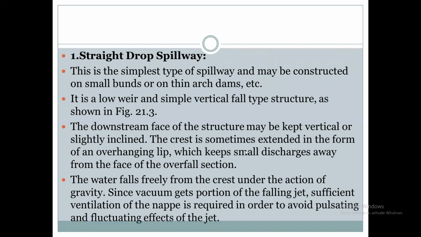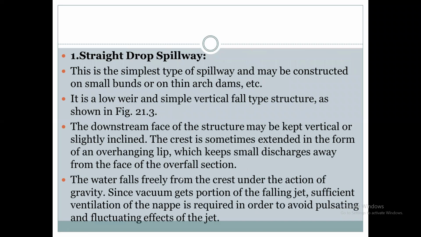This is a diagram of the straight drop spillway. Then the OG spillway or overflow spillway that you have seen. This is the OG spillway. Then the chute spillway or trough spillway. This is the chute spillway diagram. Then the side channel spillway.